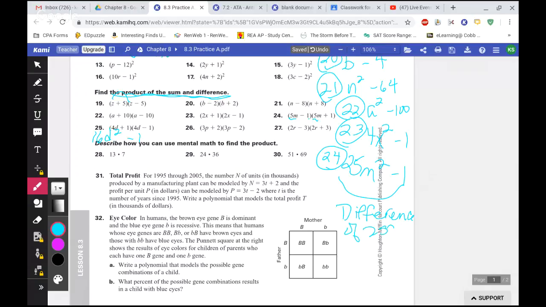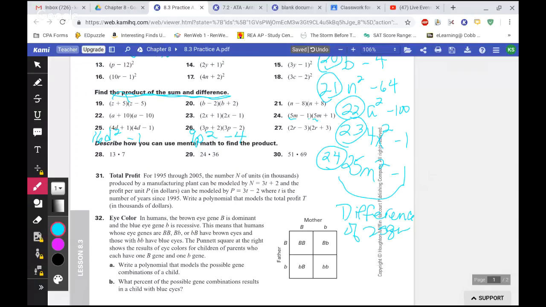Okay, so number 26, 3p times 3p, 9p squared minus 4. And number 27.